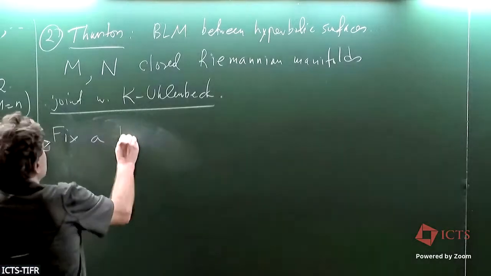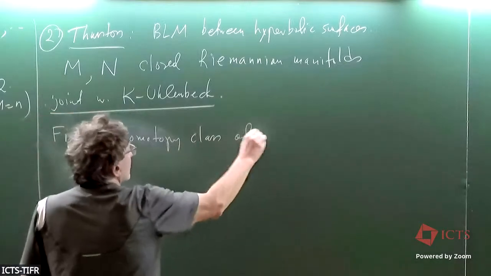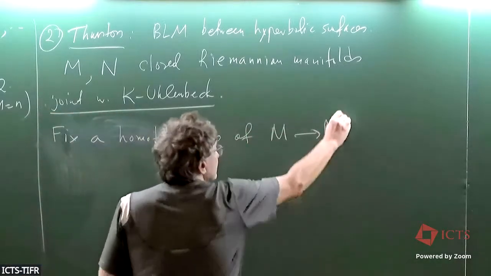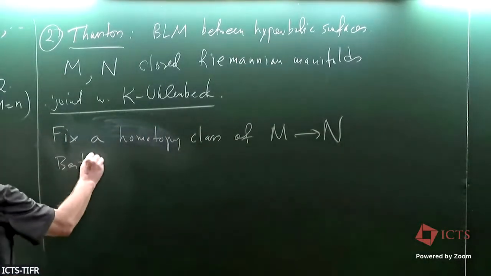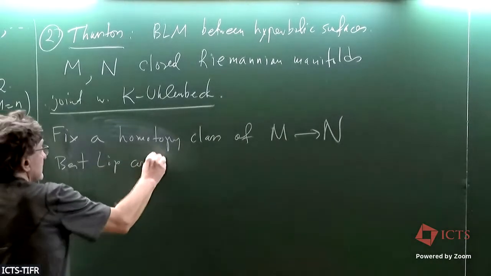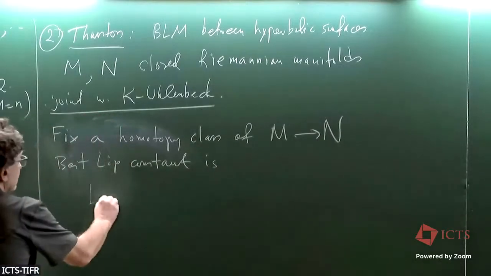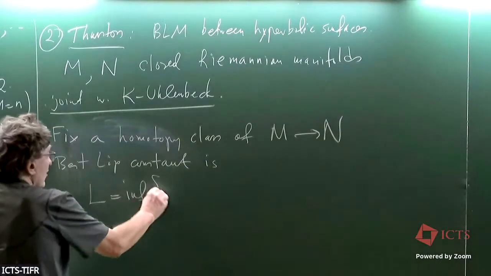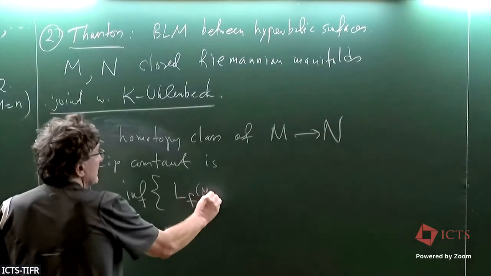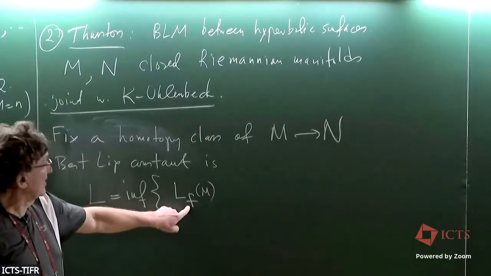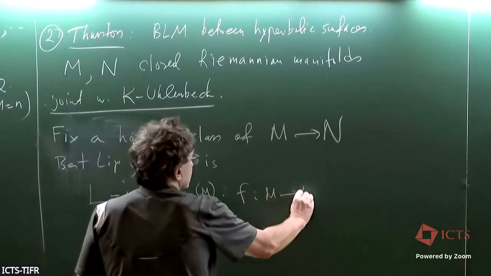So fix a homotopy class of maps from M to N, and then we call L the best Lipschitz constant, which is the infimum of all the Lipschitz constants of f on the whole M, where f goes from M to N in the homotopy class.